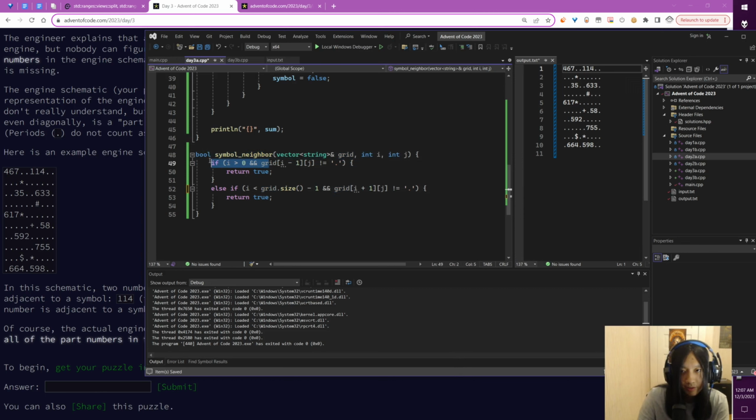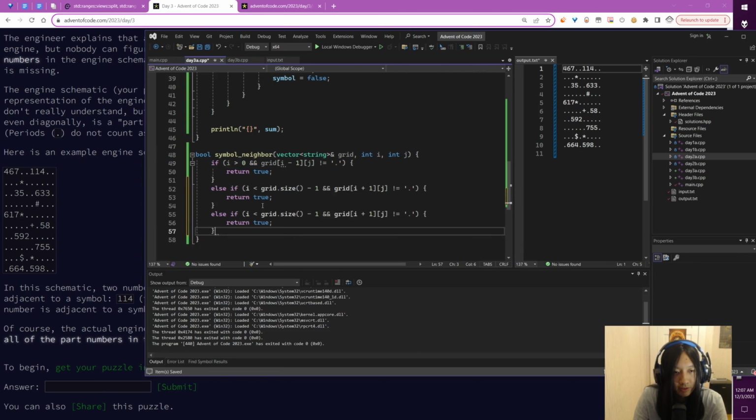So that checks to the left, or that actually checks above and below. Let's do left and right next.